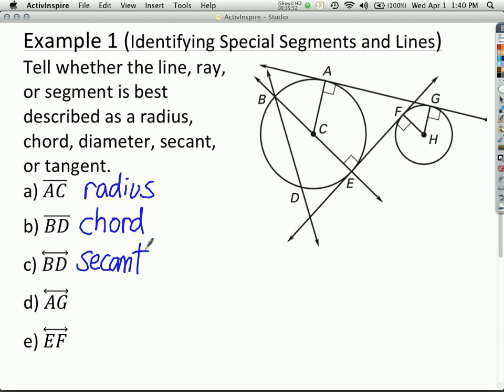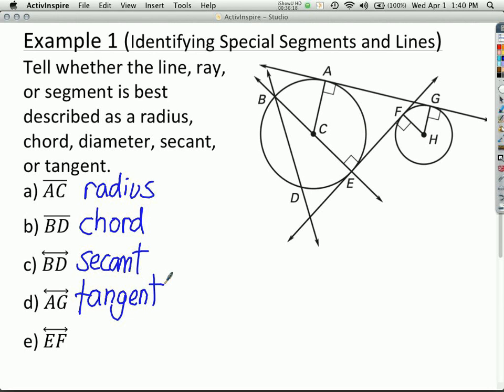What about line AG? I've got team F. Where's team F? Sebastian, what did your team conclude was the best name for line AG? Tangent. So your team thinks it's a tangent. Anyone disagree that that's a tangent?